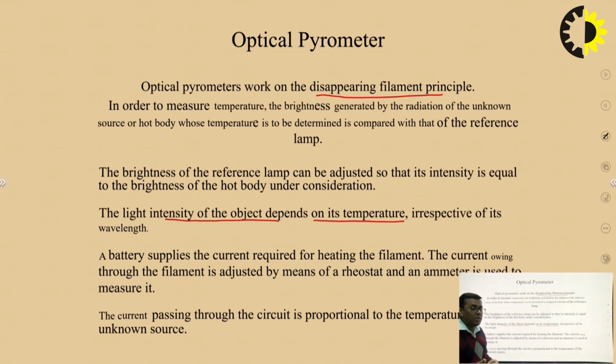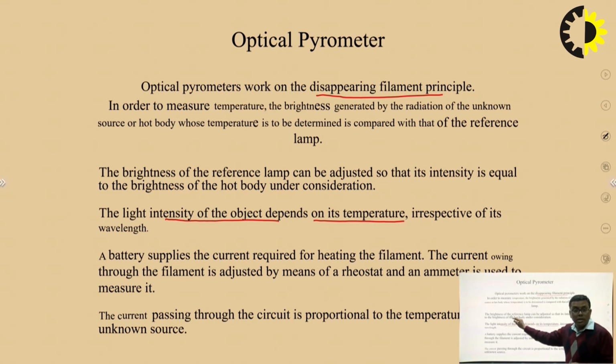So if the temperature is very high, then the illumination will be more. If the temperature is low, illumination will be less. That property is utilized for this purpose. Again, it works on the disappearing filament principle. The intensity of light emitted from the surface depends on the temperature.